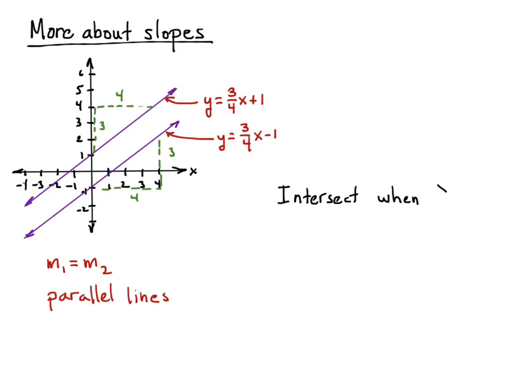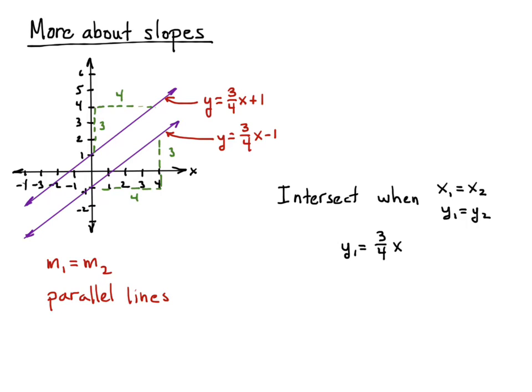Now, let's prove to ourselves that these will never intersect, because obviously you can't make a proof graphically, because that's only as accurate as I draw it. But if I know that my intersection is going to happen when both x's are the same and both y's are the same for both of these, we have a point of intersection.